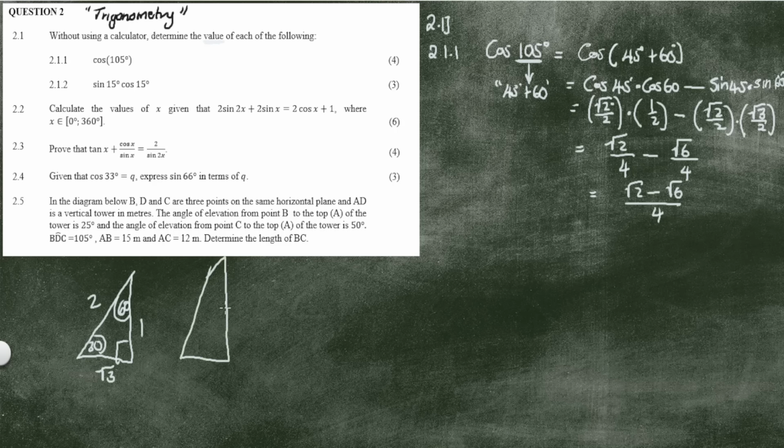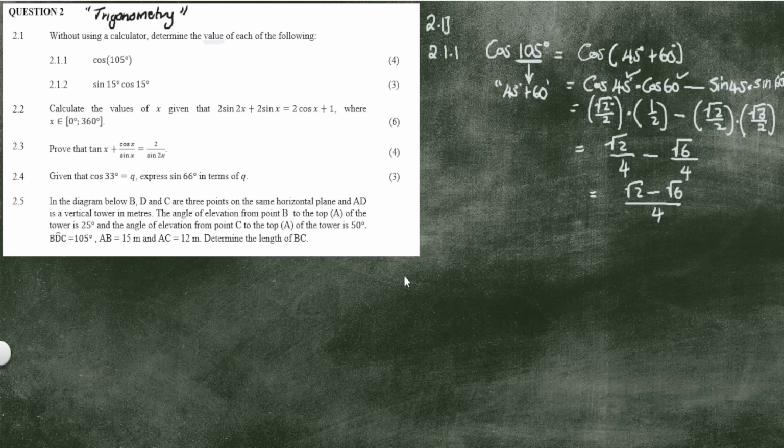And then the second triangle has sides 1, 1, square root 2, with the 45 and 45. We apply these whenever you see a 45, a 60, or a 30 degrees. You use these triangles to get your answers without the use of a calculator. So the moment you solve without a calculator, just think in terms of special angles.